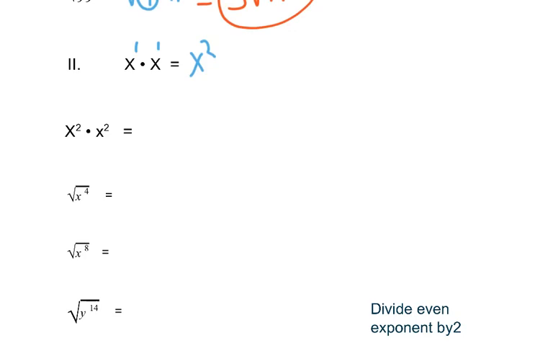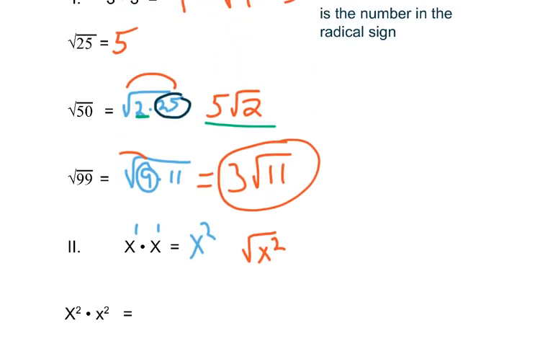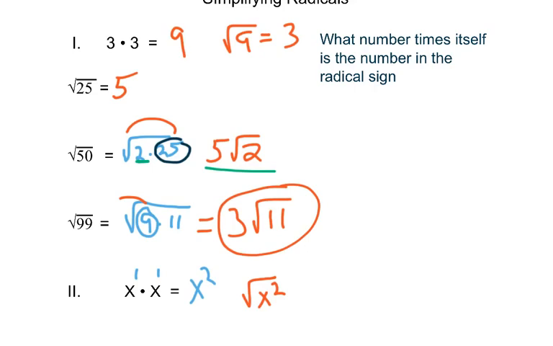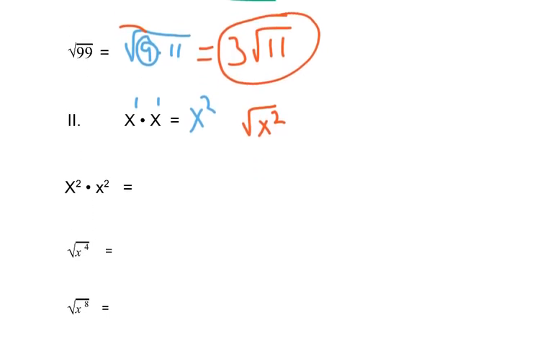So, let me ask you a question. What is the square root of x squared? Well, let's go back to what that radical sign is actually asking. It's asking what number times itself is the number inside the radical sign. Well, we know x times itself gets me to x squared. So the square root of x squared is x.